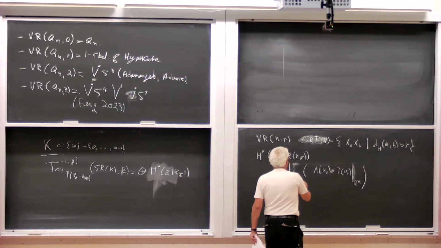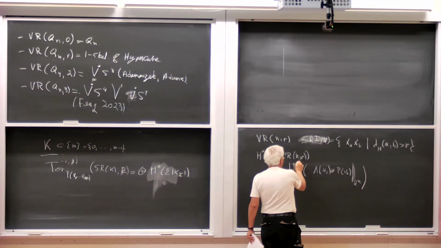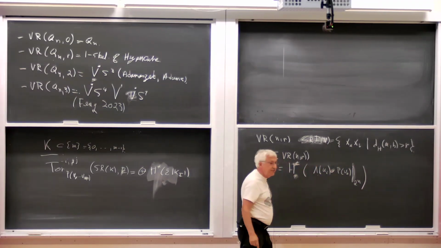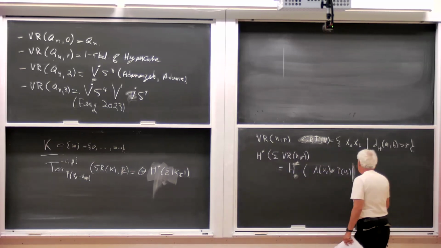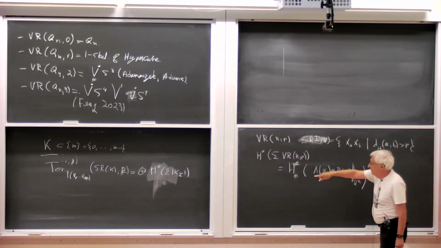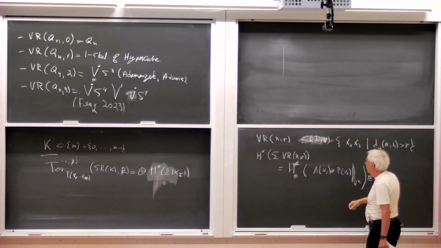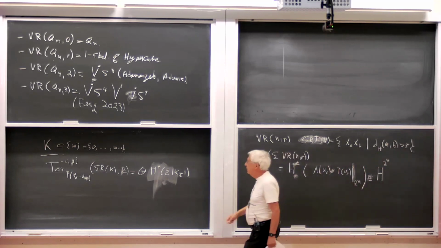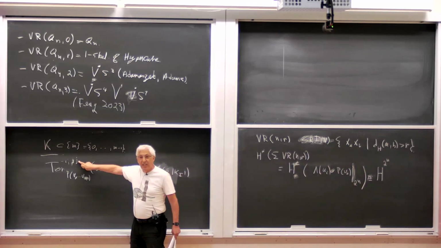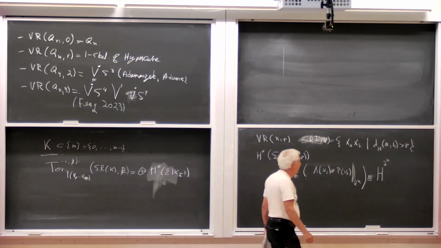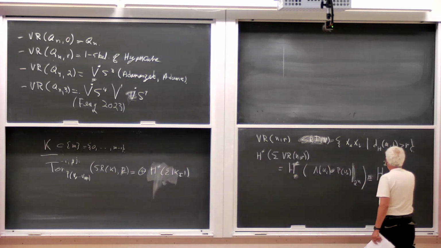If I look at the cohomology of this thing, that is isomorphic, using the identification with Tor, to Tor with index 2 to the n, because that would correspond to essentially the maximal j that can occur here, minus t.